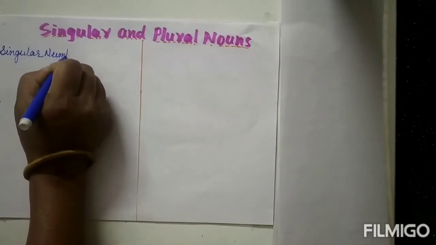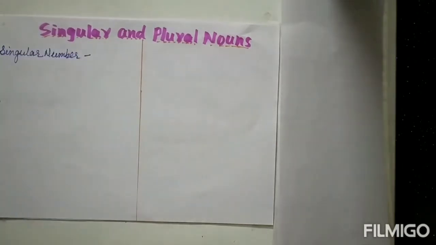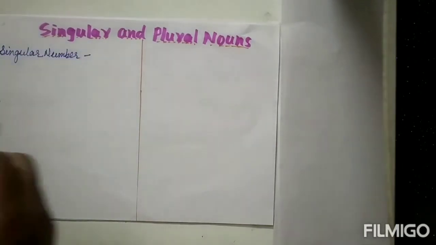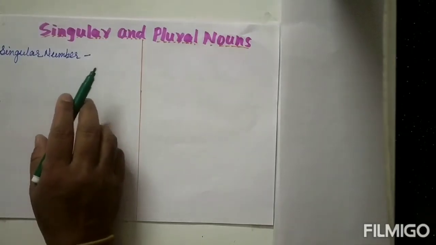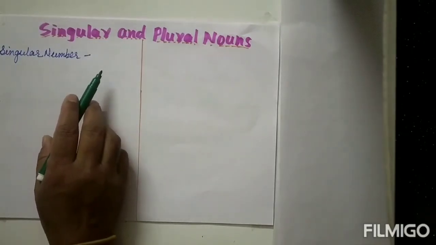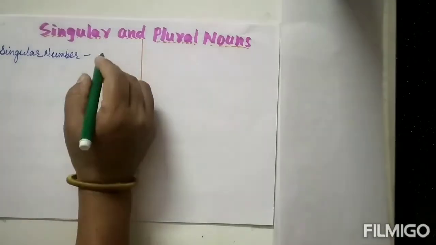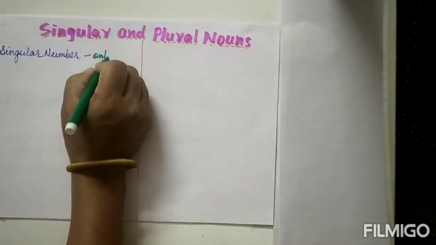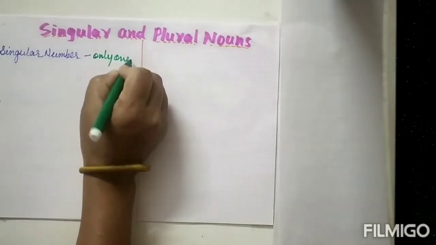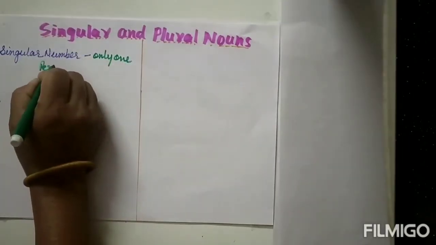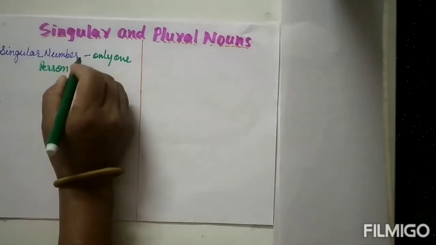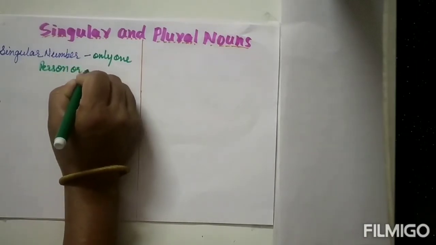Singular number. Here, singular means what? A noun that denotes only one person or a thing is said to be of singular number. Means only one person or thing.